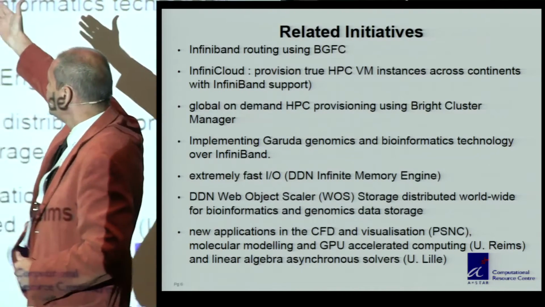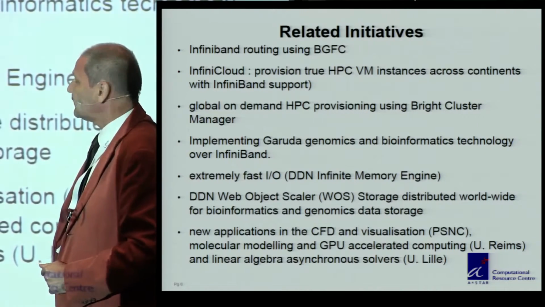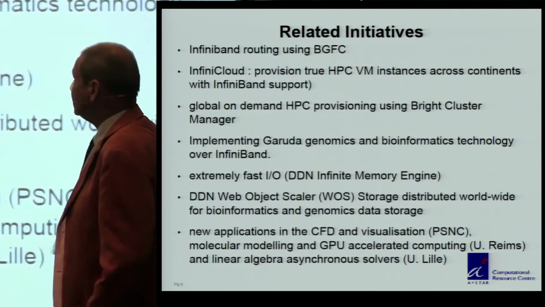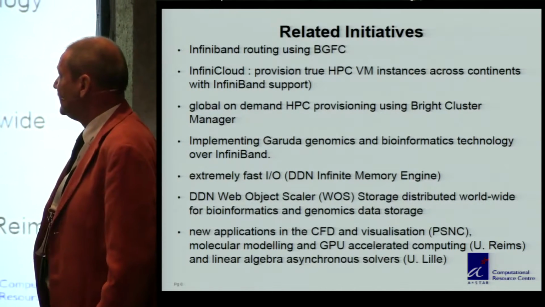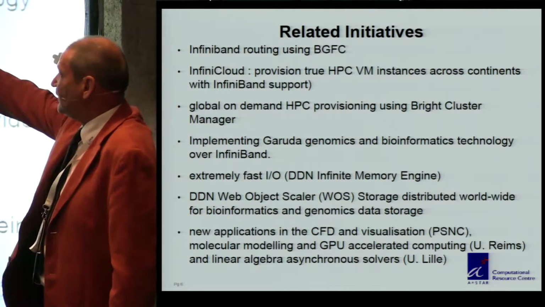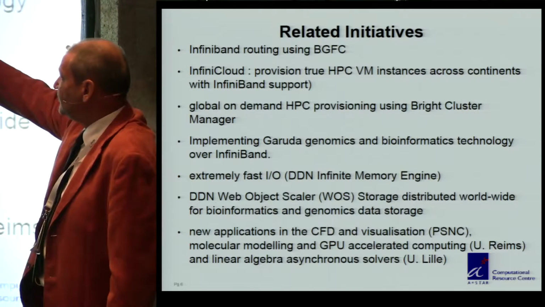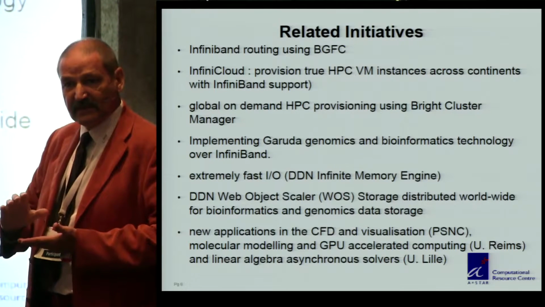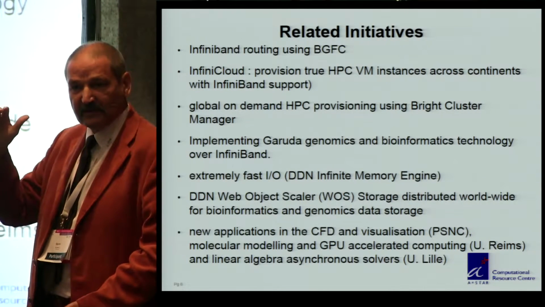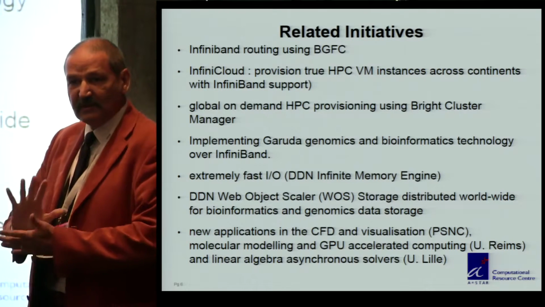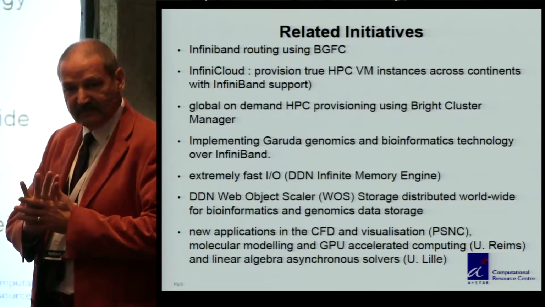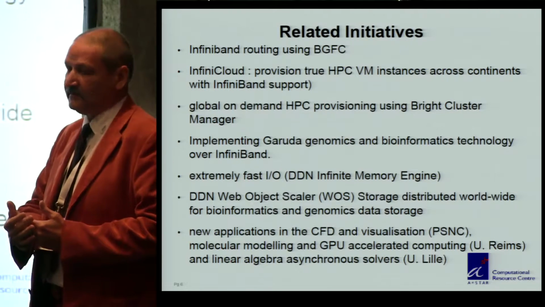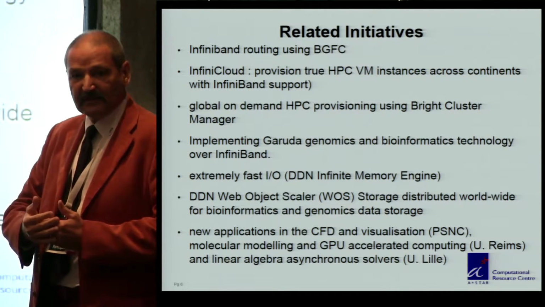So we will be using BGFC, which is a routing algorithm developed by Obsidian, and there are some other partners like TACC, the Texas Advanced Computing Center. We are working on InfiniCloud, which is provision of HPC-sized resources. So that means not a single server size, but if you want to have 100 or 200 servers interconnected with InfiniBand as an interconnect fabric, provisioned through InfiniBand over continental distances.